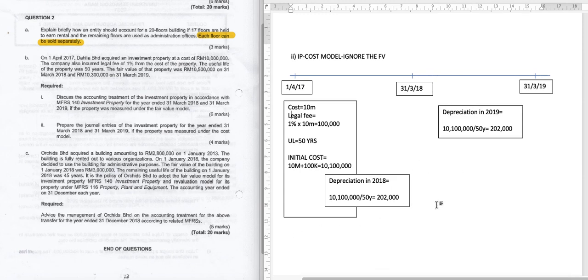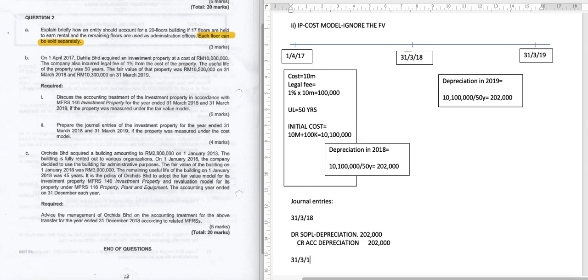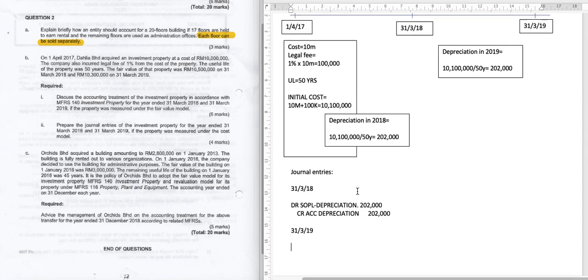So the journal entries will be, 31st March 18, debit SOPL depreciation 202,000 and credit accumulated depreciation 202,000, and you will repeat that again for 2019.